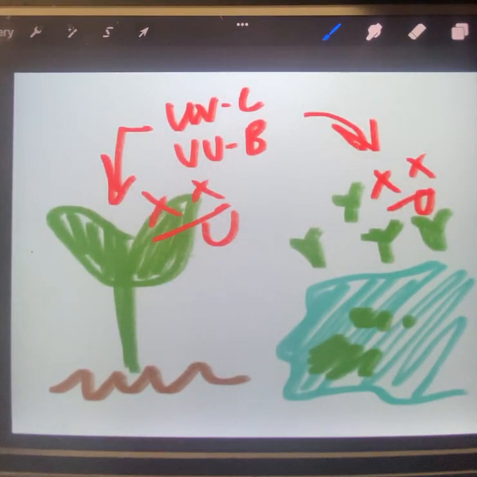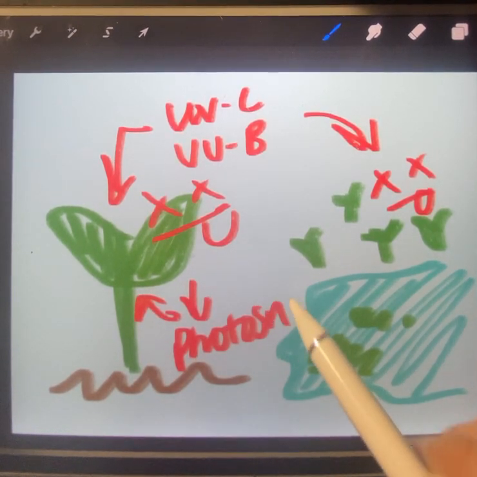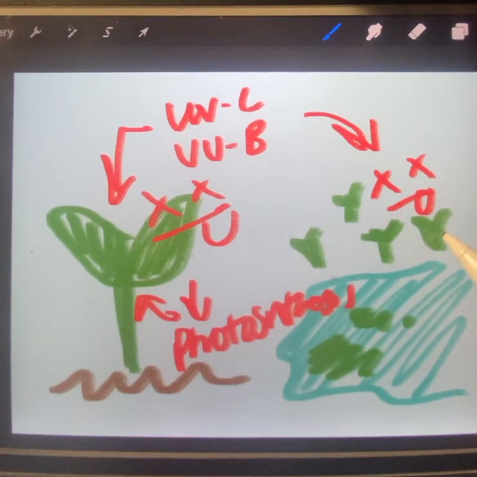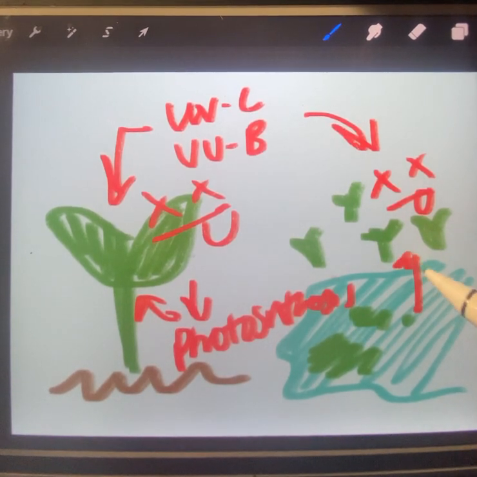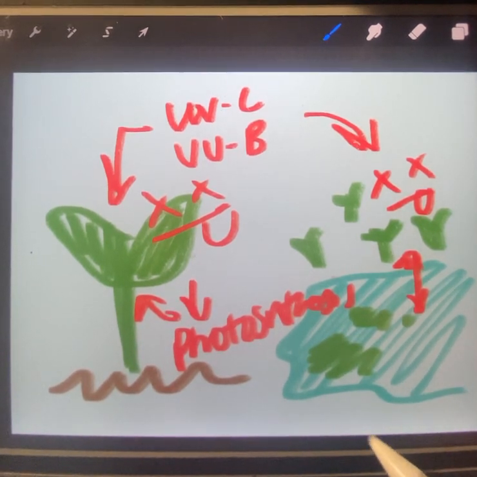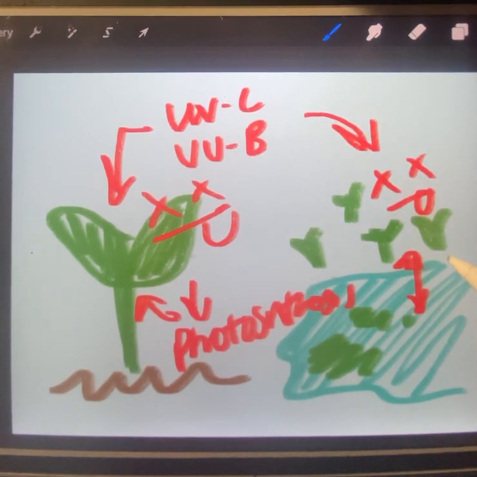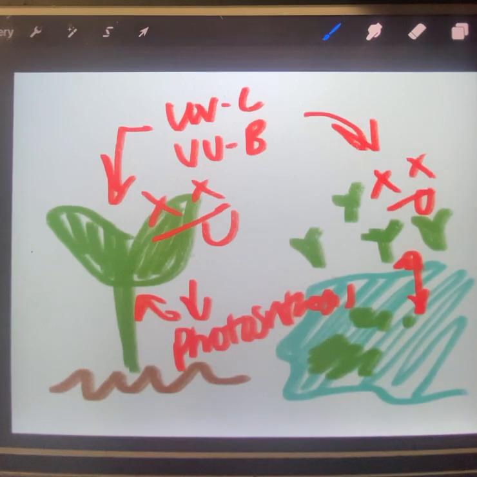This can cause plant cells to decrease in photosynthesis, and the death of plants and algae can destroy food webs when phytoplankton and fish who eat those phytoplankton can't survive anymore without the nutrients that algae and plants give.